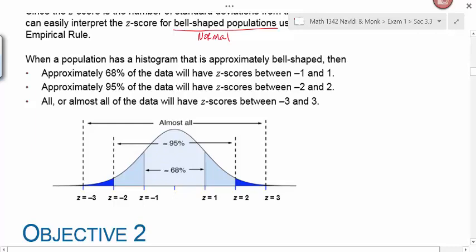Remember, the z-score represents the number of standard deviations above or below average. If you're right at average, the z-score is going to be equal to 0. 68% of our data would be between -1 and 1. 95% of our data would have a z-score between -2 and 2. And then almost all of the data would have a z-score between -3 and 3.